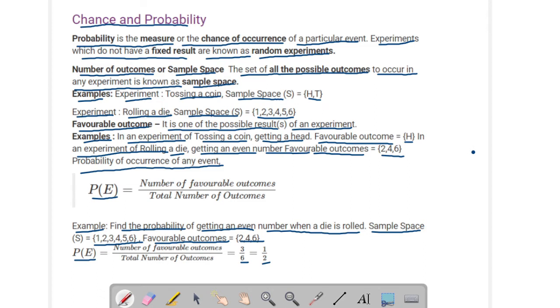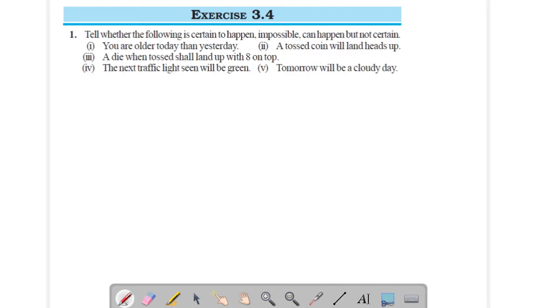This is the probability. Now come to exercise 3.4. See question number 1. Tell whether the following is certain to happen, impossible, or can happen but not certain. First part: you are older today than yesterday. See the solution.